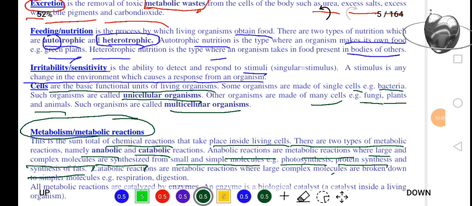That is digestion. In the process of respiration, that glucose which is formed now is going to be broken down further into carbon dioxide and water. And in that process, energy is going to be released, which is very important to our body living cells.